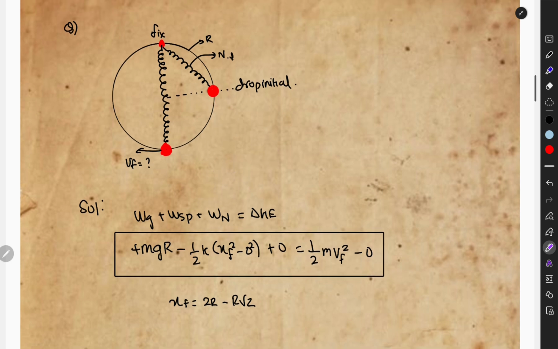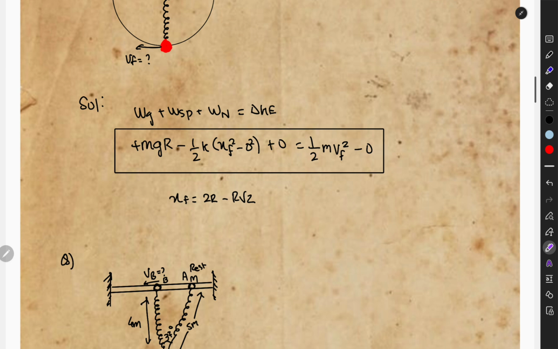We can also find the work done by the spring, which is 1 by 2 k (x final square minus x initial square), which will be 0 because it is going to be at natural length, plus 0, will be equal to 1 by 2 mv square. And initially, since it is dropping, the initial velocity will be equal to 0, so the initial kinetic energy will be equal to 0. Okay, you can find this.